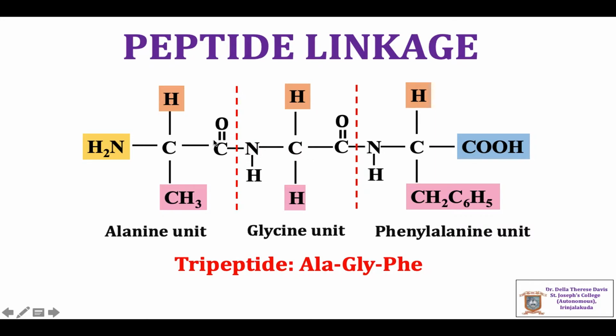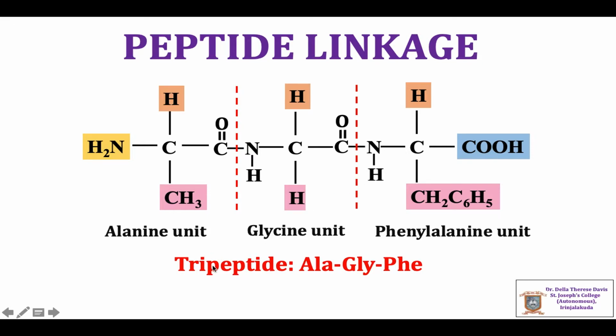The COOH group of alanine condenses with the NH2 group of glycine and forms a CONH peptide bond. The COOH group of glycine condenses with the NH2 group of phenylalanine to form the second peptide bond.